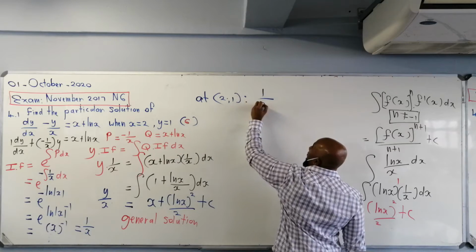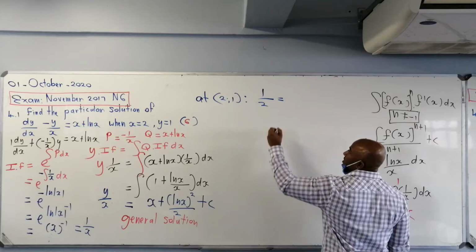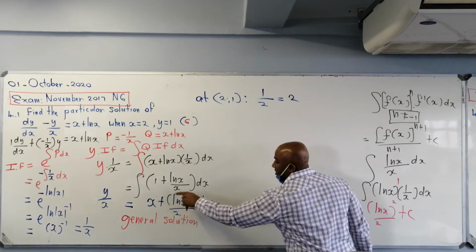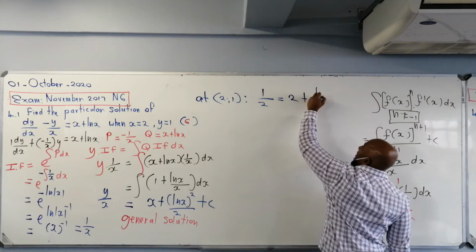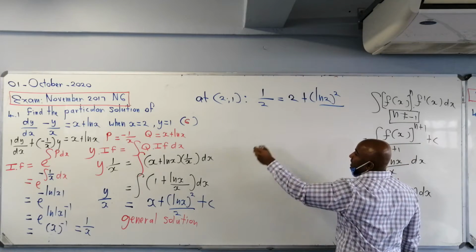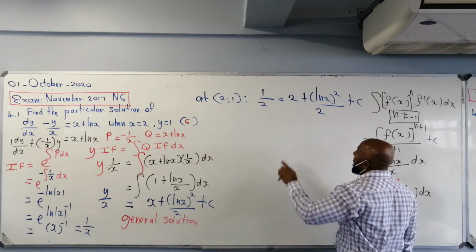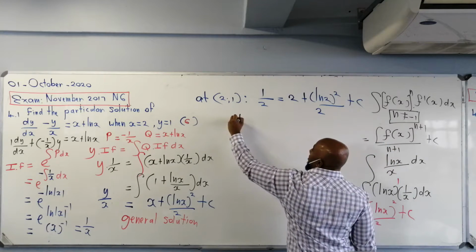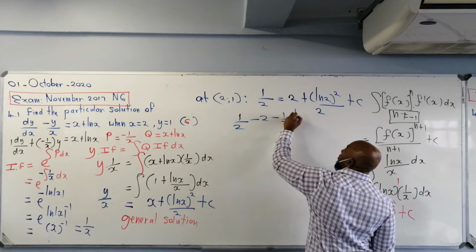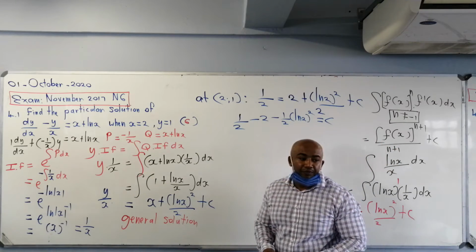That's going to be 1 over 2, because y is 1, x is 2, is equal to x, so there's my x here, which is 2, plus ln x, so that's ln 2, all squared, all divided by 2, plus c. Let's work out the value of c. So that's 1 over 2 minus 2 minus 1 over 2 times ln 2 squared is equal to c.